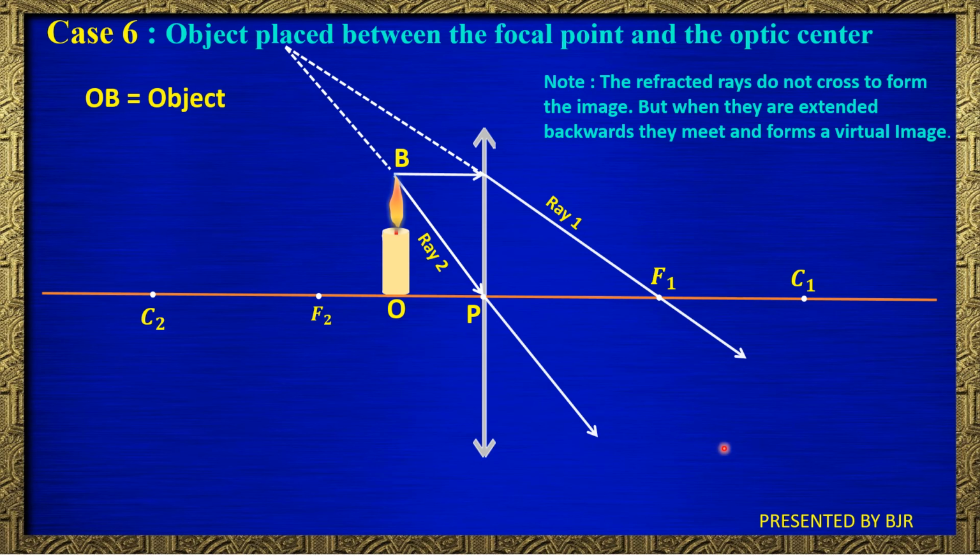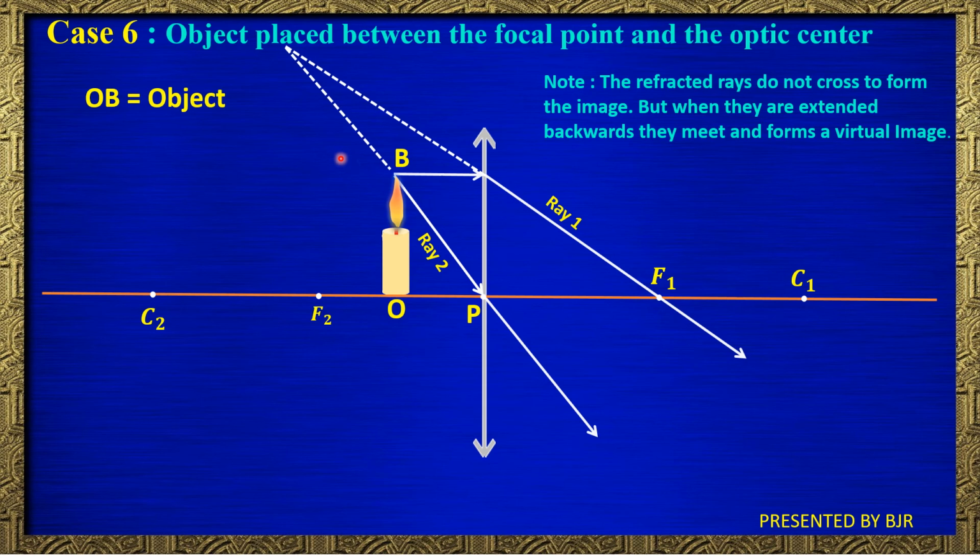So we cannot see this image. An observer can only see this image, because we cannot obtain this image on the screen, isn't it? So all virtual images cannot be caught on a screen.